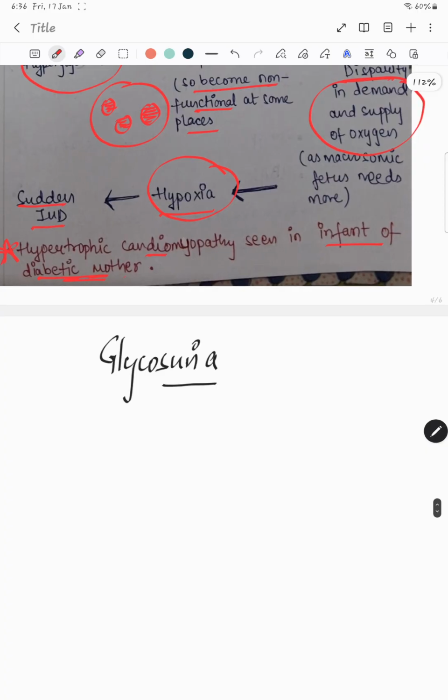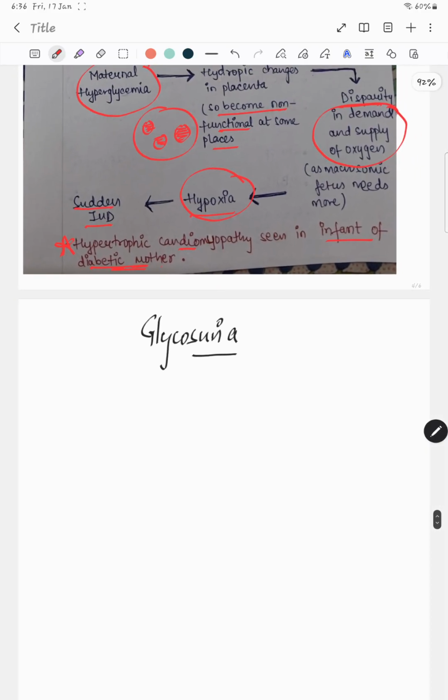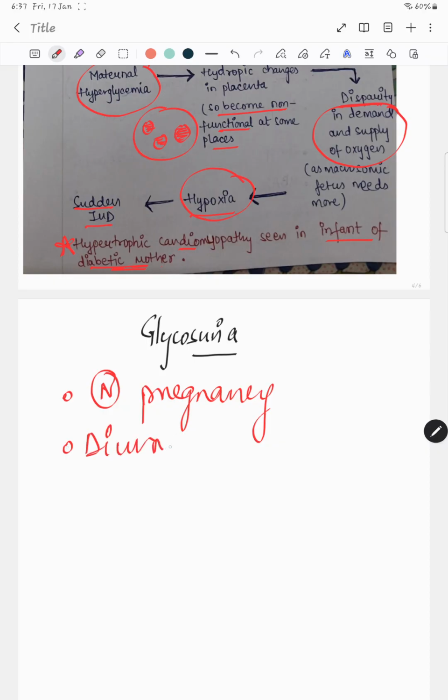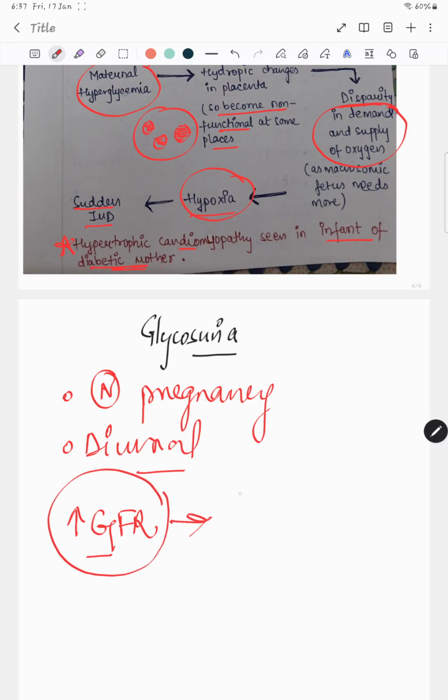Now we'll read about glycosuria and why it occurs. Glycosuria is normal during pregnancy, and there is some diurnal variation in it. It is because of the increased GFR. With increased GFR during pregnancy, a greater glucose load is sent to the renal tubules.